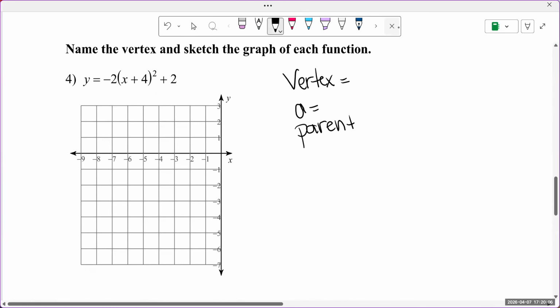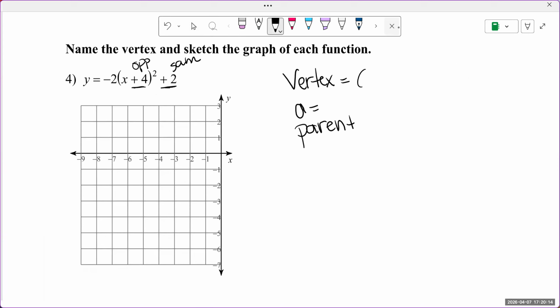Okay, number four, we see the vertex of the parabola is, we have the x coordinate is the opposite, the y coordinate is the same. So -4, +2. Now, what is A? A is this coefficient in front. A is -2. So let's graph the vertex, -4, +2. And we're not making a table.